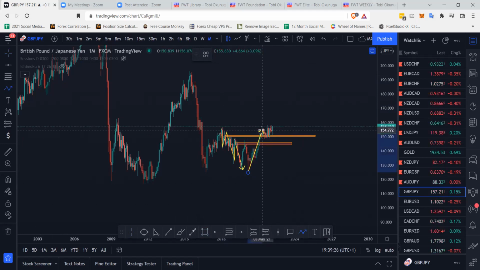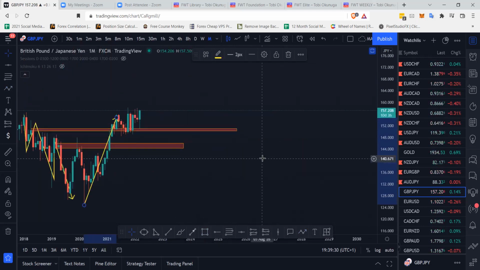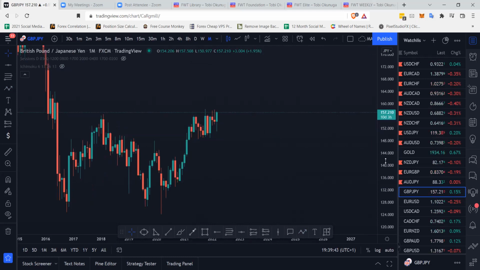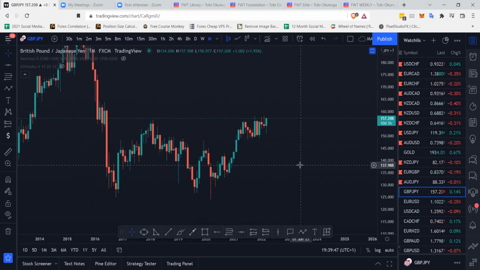Okay, and then you can see the price broke, gave us this correction, and then impulse. So I would say price is strongly in an uptrend from the monthly.